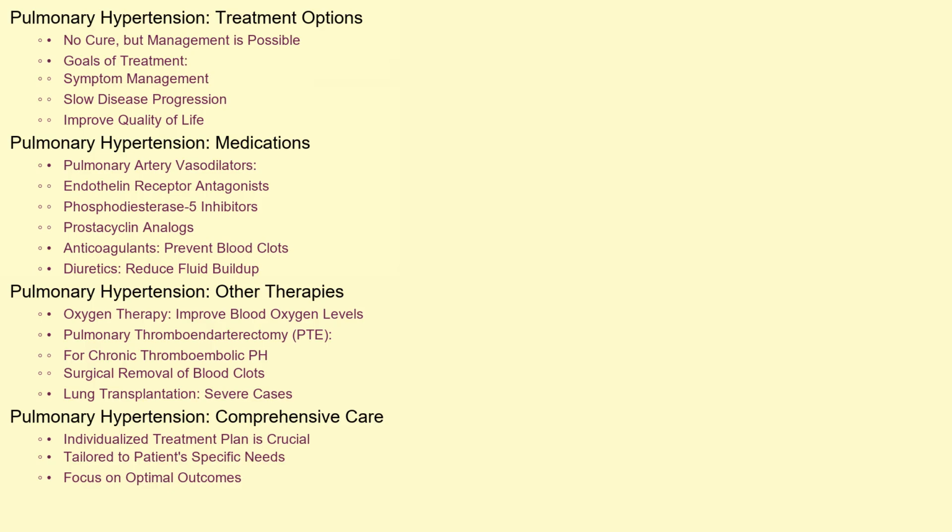In some cases, oxygen therapy may be necessary to improve oxygen levels in the blood. For patients with chronic thromboembolic pulmonary hypertension, a surgical procedure called pulmonary thromboendarterectomy may be an option to remove blood clots from the pulmonary arteries. In severe cases, lung transplantation may be considered. A comprehensive management plan, tailored to the individual patient's needs, is crucial for optimal outcomes.